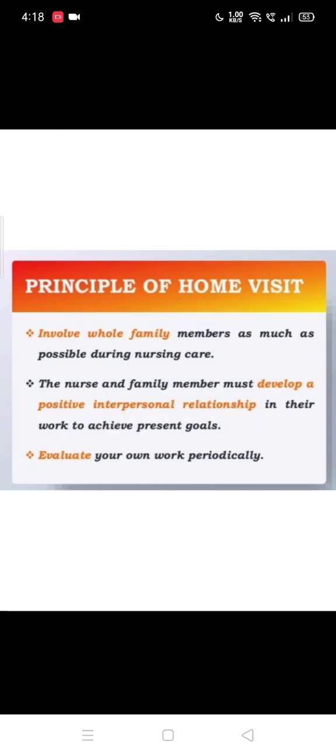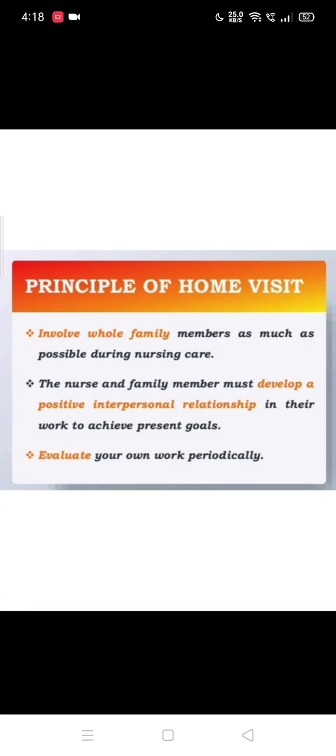The next is involve the whole family. When you are visiting their home, you need to involve the whole family. When you are giving any information, any health education, or assessing or doing anything, you need to involve the whole family members during the nursing care.